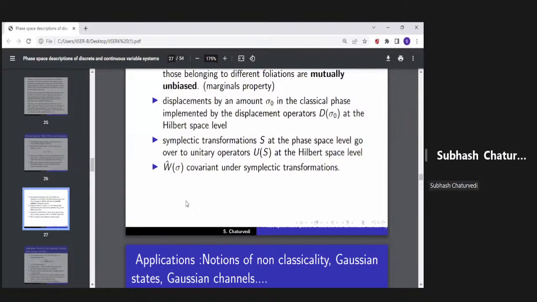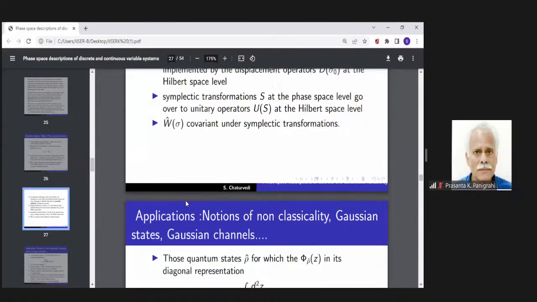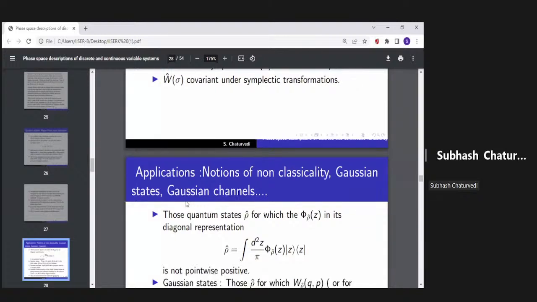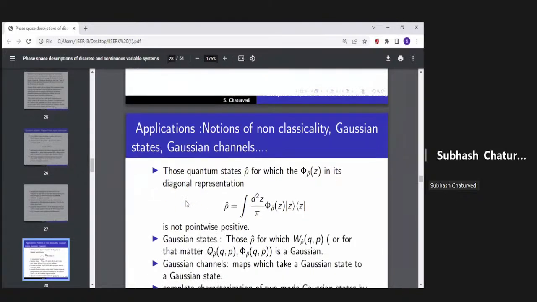All right. Okay. Now let me list some of the useful applications or new ideas that arise from whatever we have discussed so far. First of all, the diagonal representation of Sudarshan has been used to define, at least in quantum optics, what is meant by non-classical states.